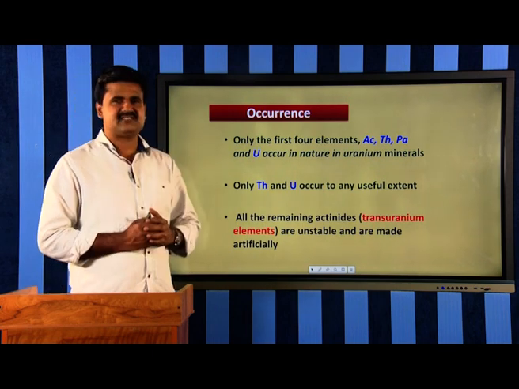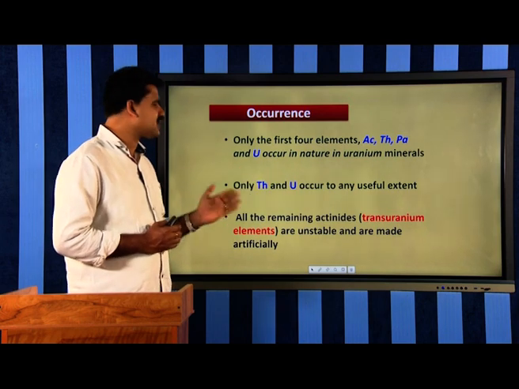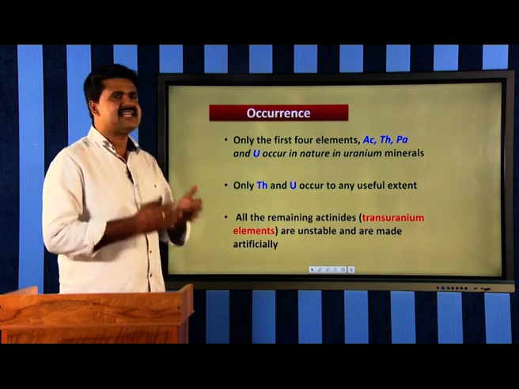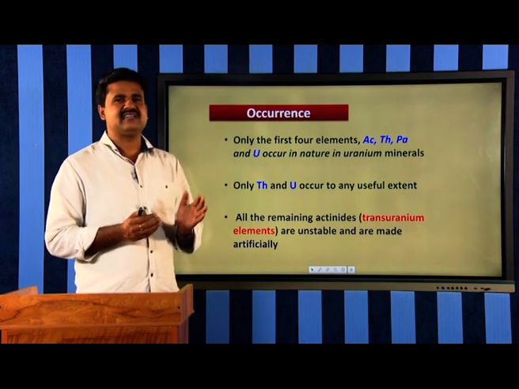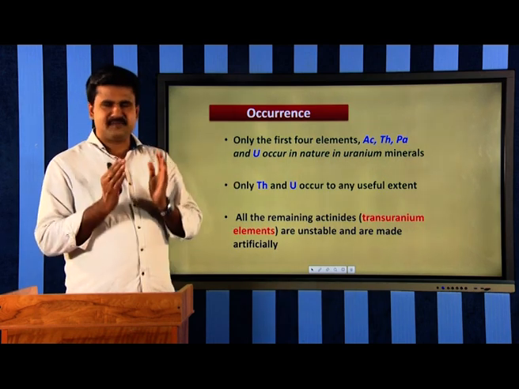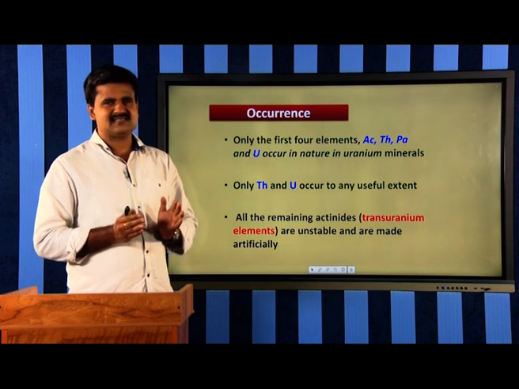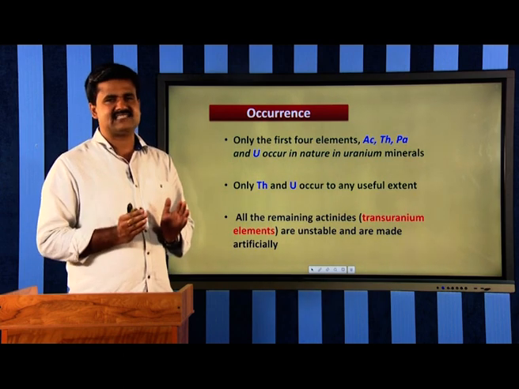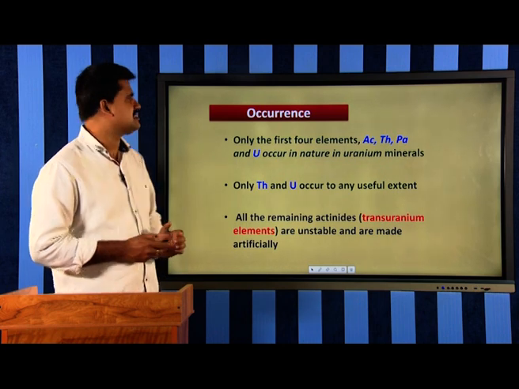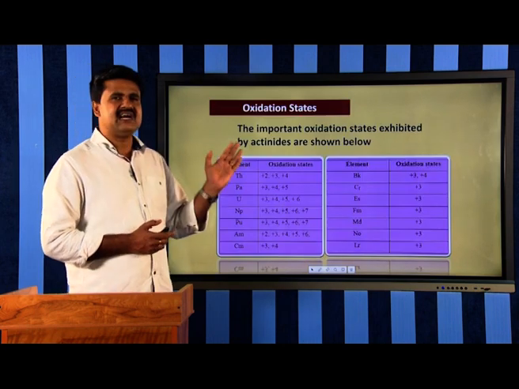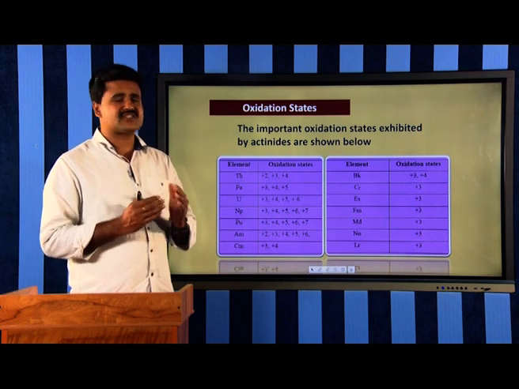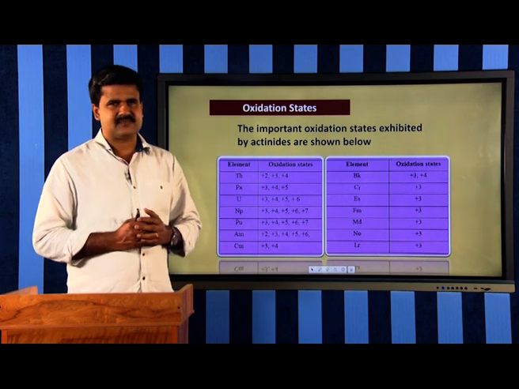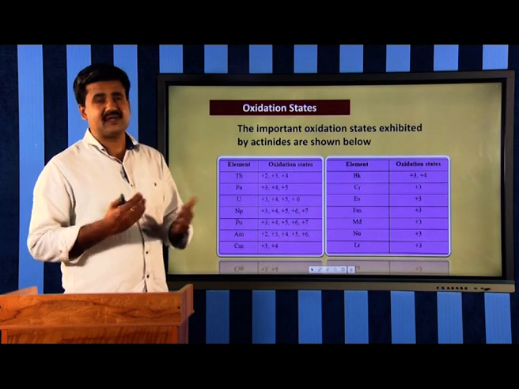All the remaining actinides, that is trans-uranium elements, the elements coming after uranium, are highly unstable and are made artificially. That means trans-uranium elements present in the actinide series are man-made elements. Regarding the oxidation state, actinide elements show different oxidation states. All of them are not equally stable.